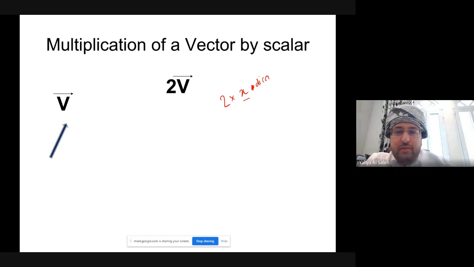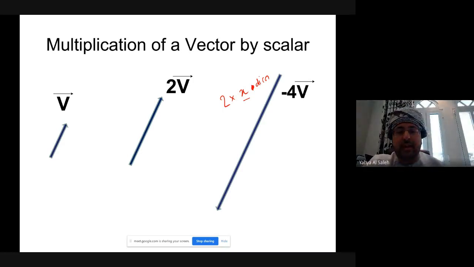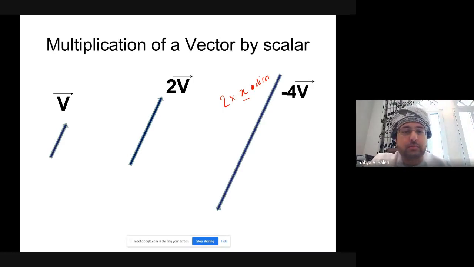So it will be the same direction, just double the length. What if I do minus 4V? I flip it to the other direction, and then I multiply that number by 4. So I get a line that is 4 times as long, but in the opposite direction.